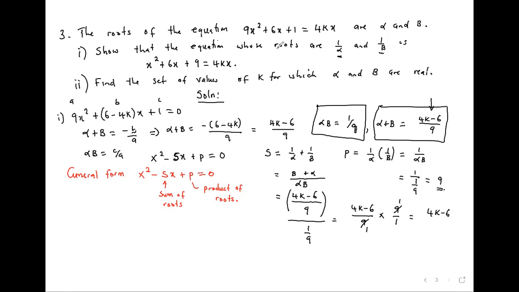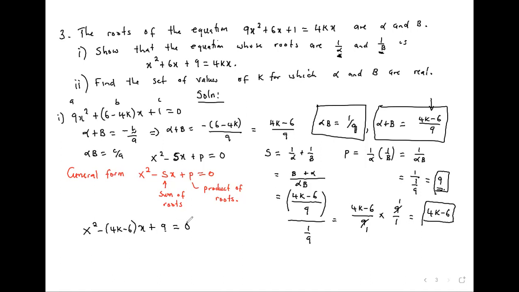So now, since we have the sum and the product of the equation whose roots are 1/alpha and 1/beta, we can substitute. We get x squared minus the sum, 4k minus 6, x, and the product is 9, is equal to 0.